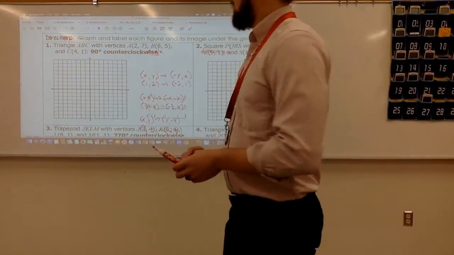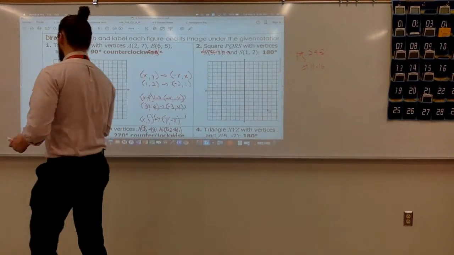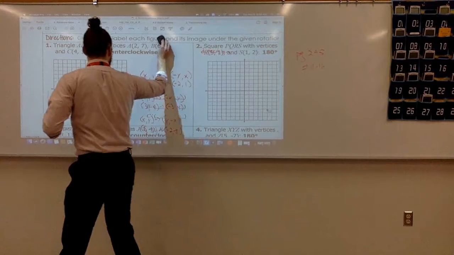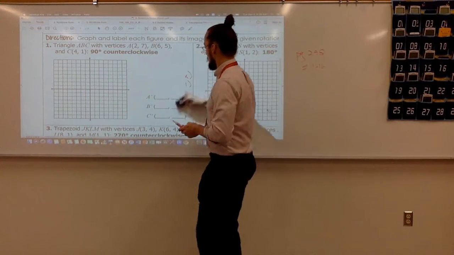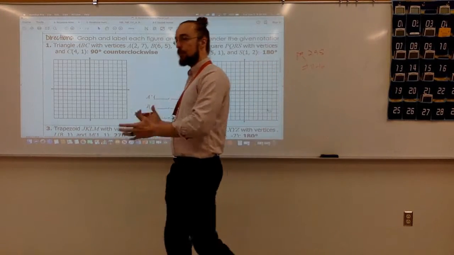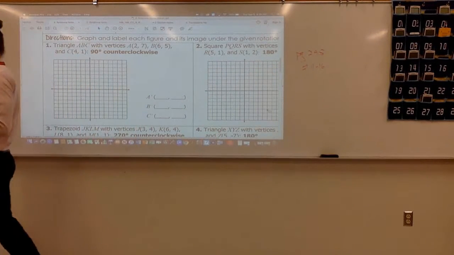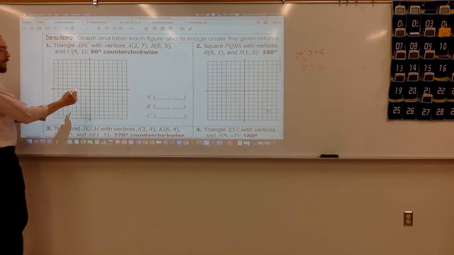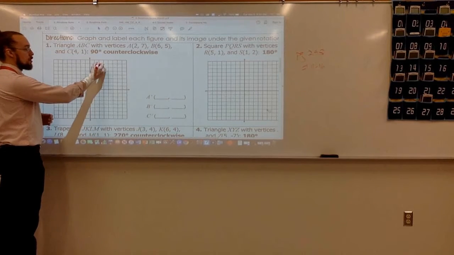All right, so let's take a look at this first example here. I want to take triangle ABC and rotate it counterclockwise. So just like we've been doing, the first thing we want to do is plot our original coordinates. So A is at 2, 7.